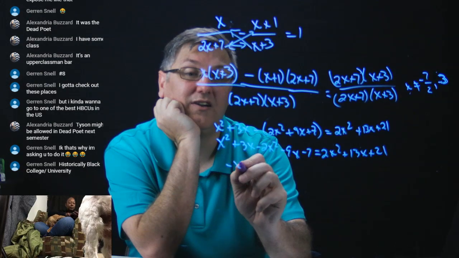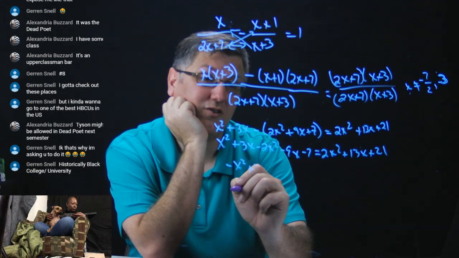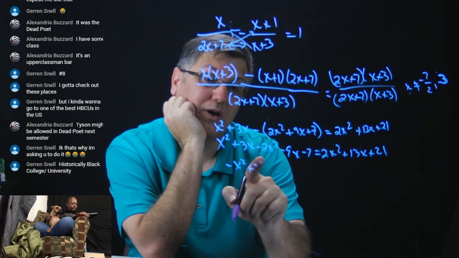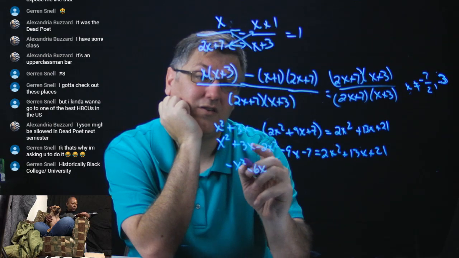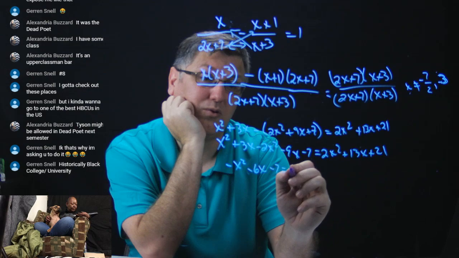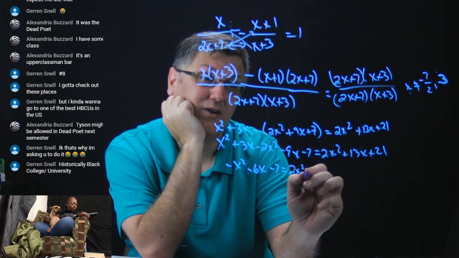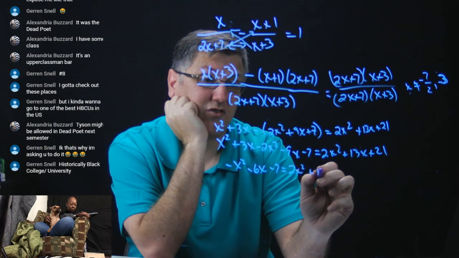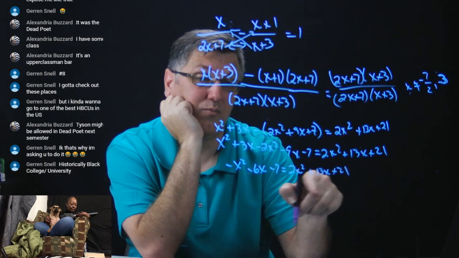I've got negative x squared minus 6x minus 7 equals 2x squared plus 13x plus 21. Move all these over.